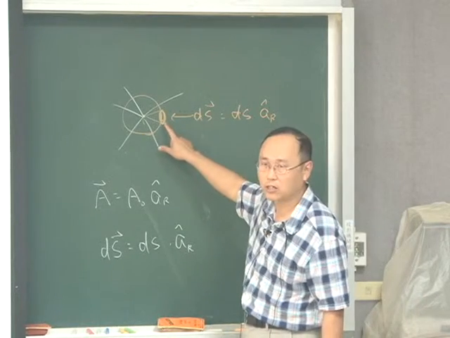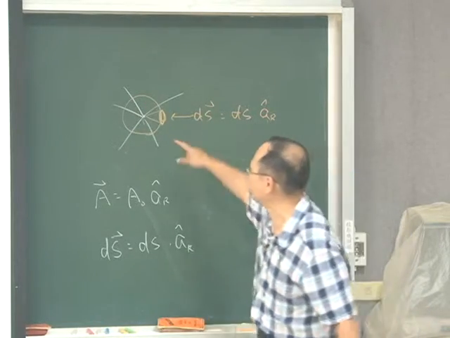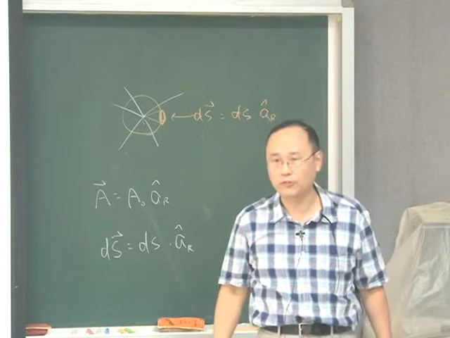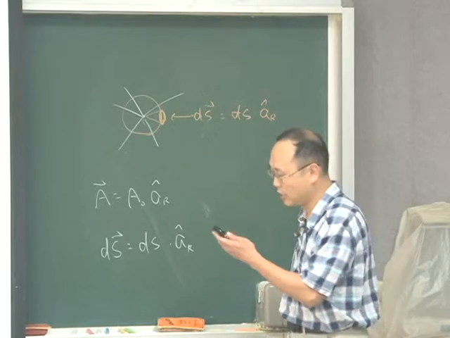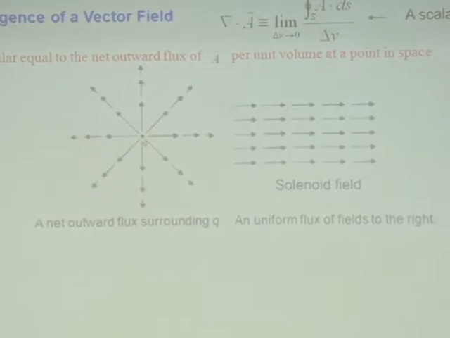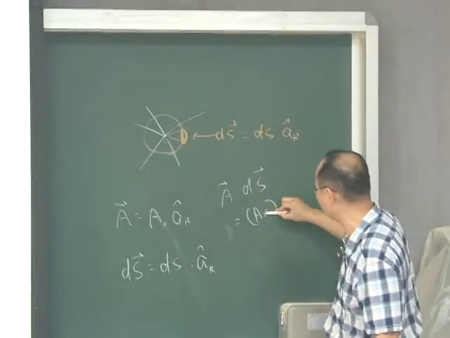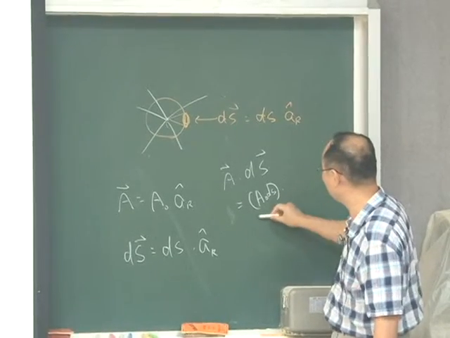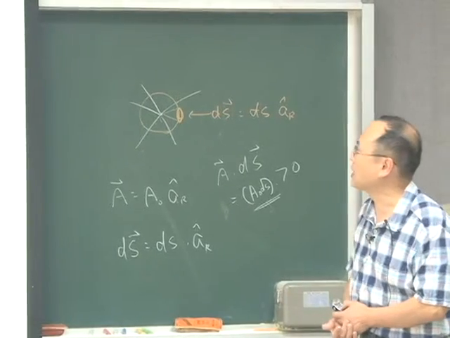No matter which surface you pick here or here or here, it's always along the R direction. If you construct a spherical surface, you will expect this flux calculation to give you a positive value all the time. So A dot ds is going to be A naught ds, and this is a positive value. So you always get something.